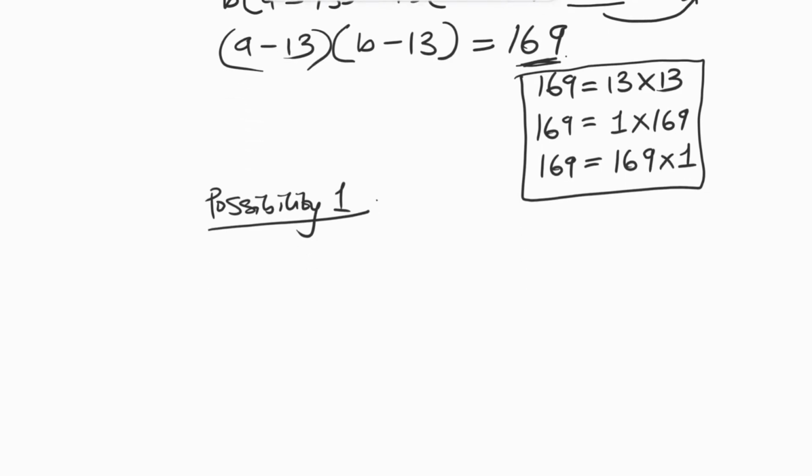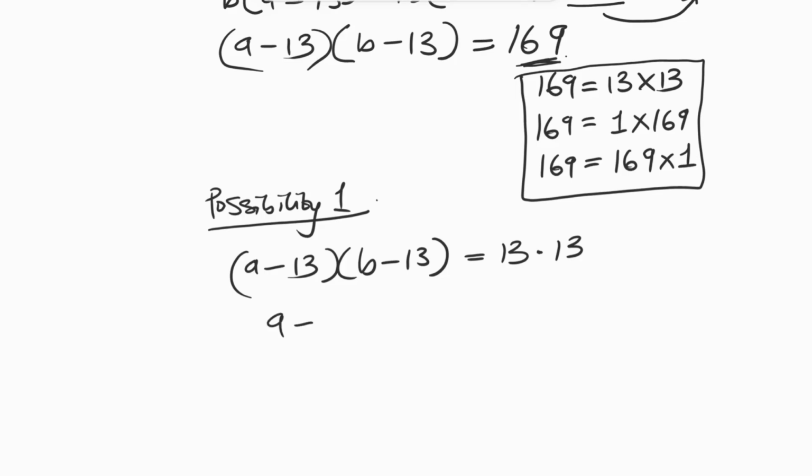We have (a minus 13) times (b minus 13) equals 13 times 13. So we have a minus 13 equals 13, and we have b minus 13 equals 13.